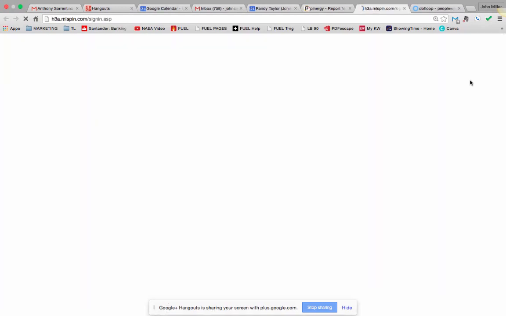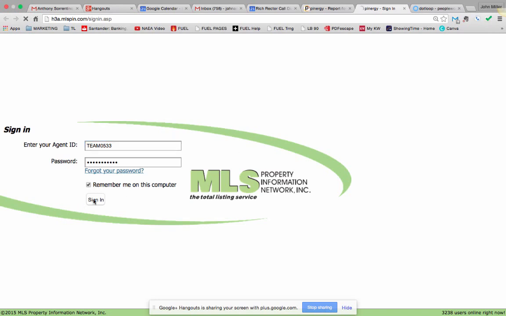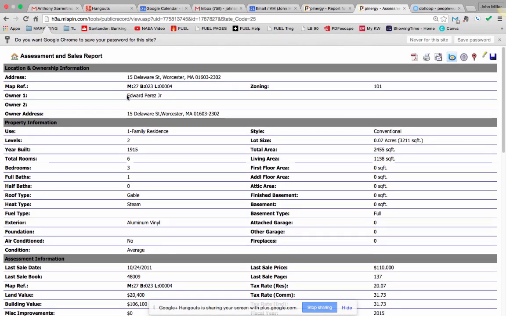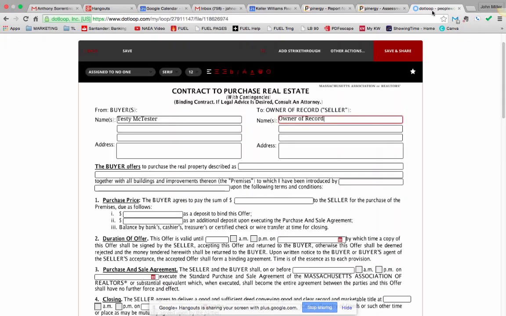You could go to public records and see the person's name here of the offer that you're writing up on, and copy and paste their name right into the offer itself if you wanted to, if that were the seller. Okay? Yep. See how we did that?